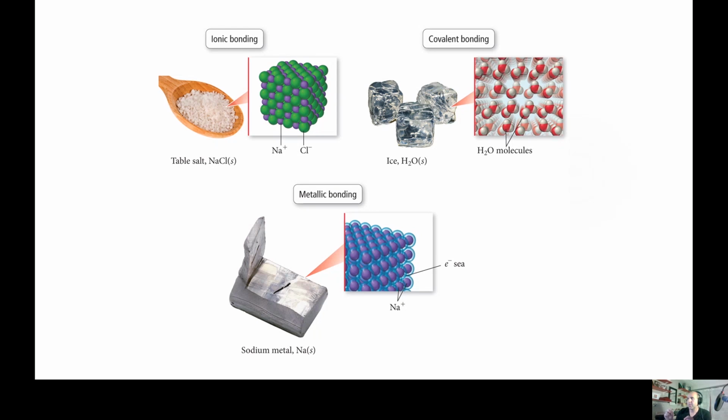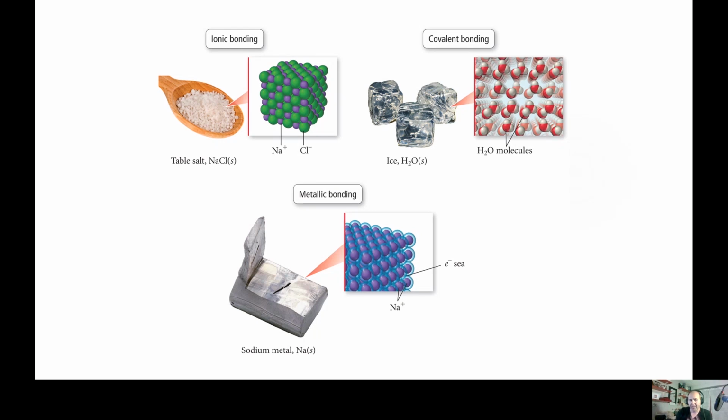In sodium chloride, we see the purple spheres, those are sodium ions, and the green ones are chloride ions. Each sodium ion is surrounded by oppositely charged ions, and each chloride ion is also surrounded by oppositely charged ions. So you can't look at one sodium ion and say, this sodium ion is ionically bonded to this one chloride ion. It doesn't work that way.